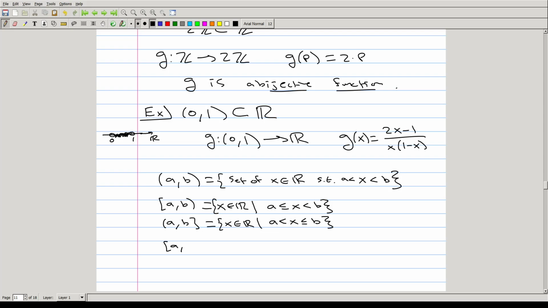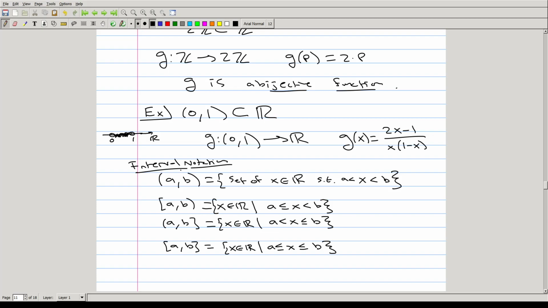And lastly, this means the set of all x in R such that x is greater than or equal to a, and x is less than or equal to b. This is sometimes called interval notation, and will be familiar if you've taken a calculus class, but it's important not to confuse this interval notation with the ordered pairs that we introduced before.